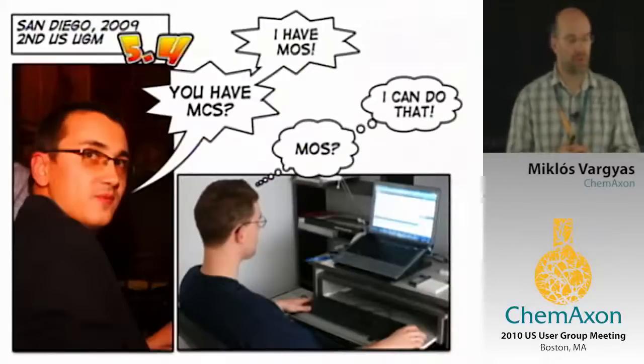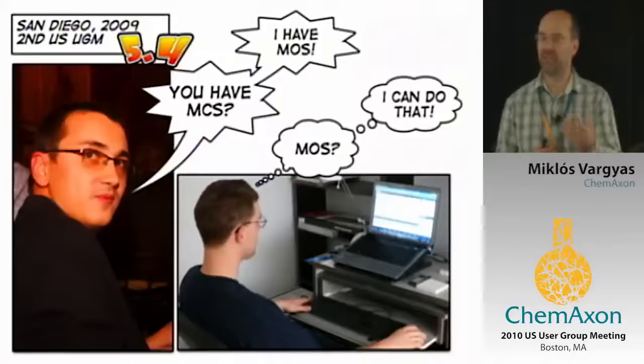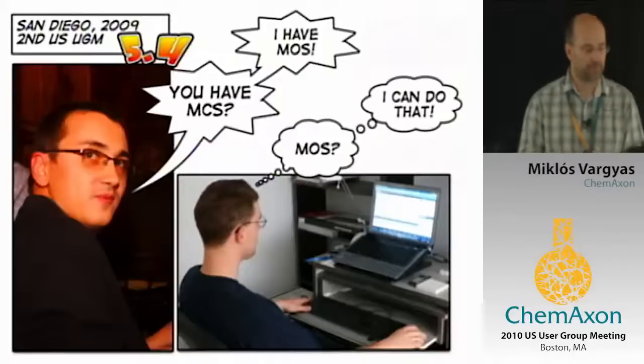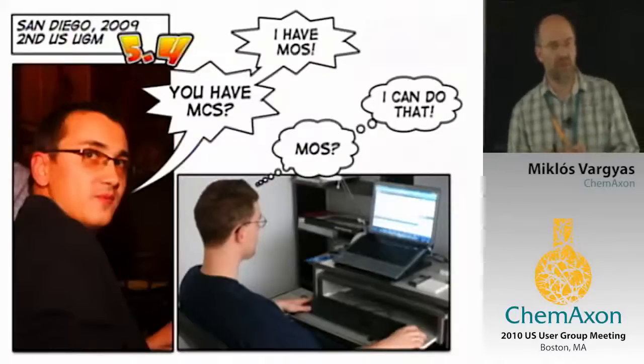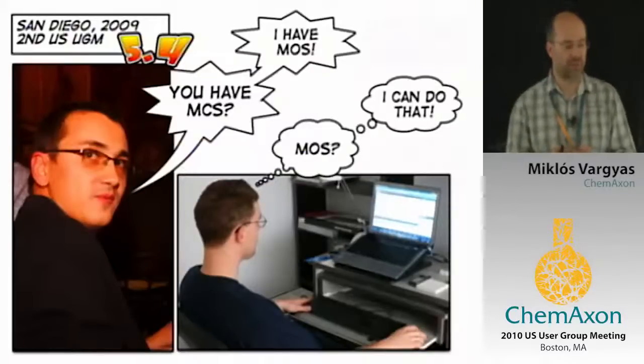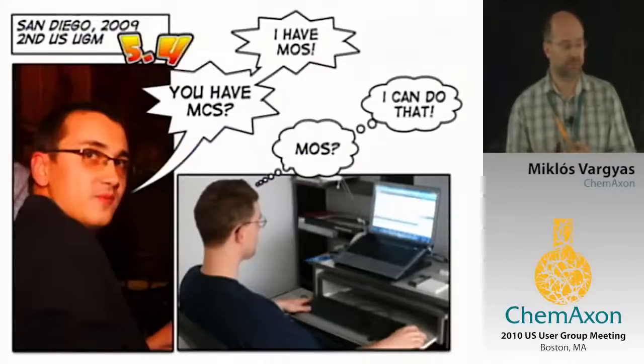Although our implementation was quite fast, from the feature point of view, MOS is a lot better than MCS. So this made me very envious. And though I had concerns regarding the performance of an MOS search, yet we decided that we should implement MOS.